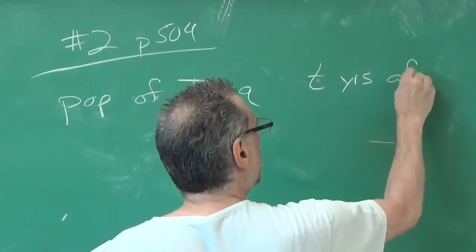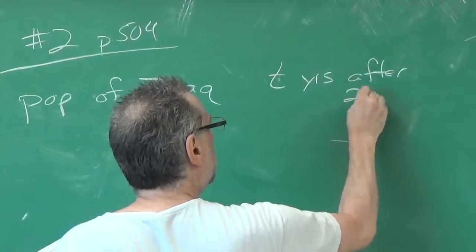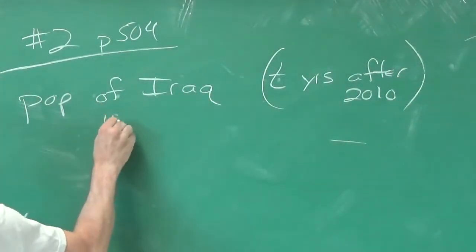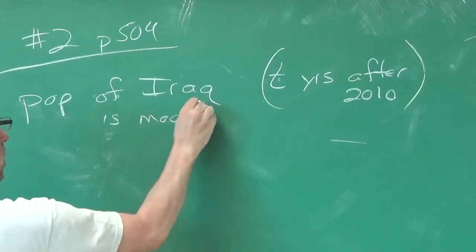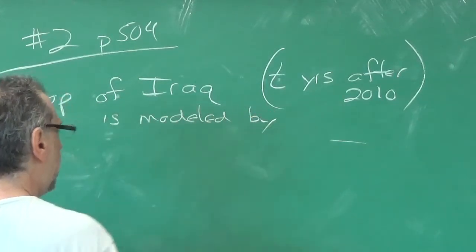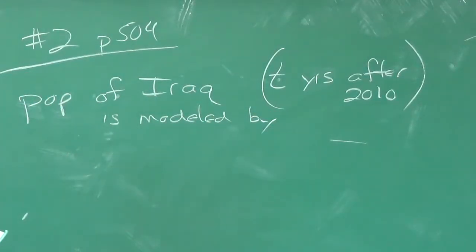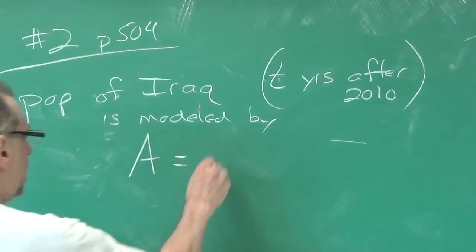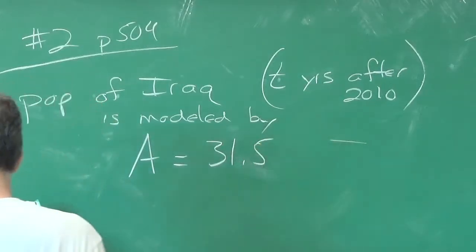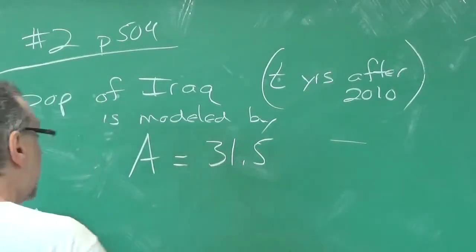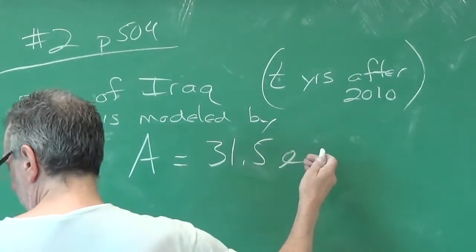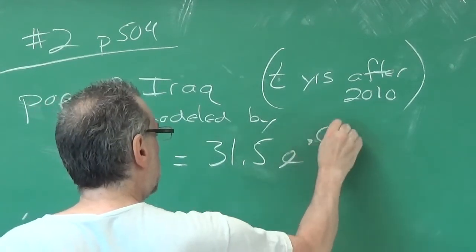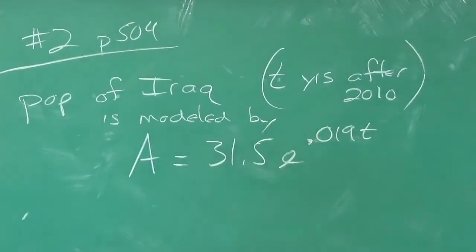So similar to what we were looking at in the previous example. t years after 2010 is modeled by the following formula. A, being the final population, equals 31.5 times e raised to the 0.019t.